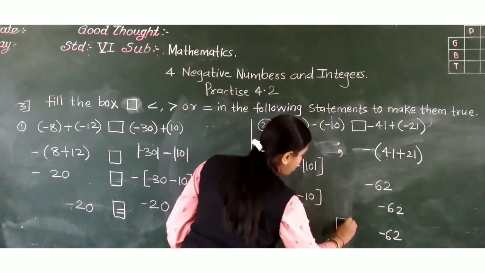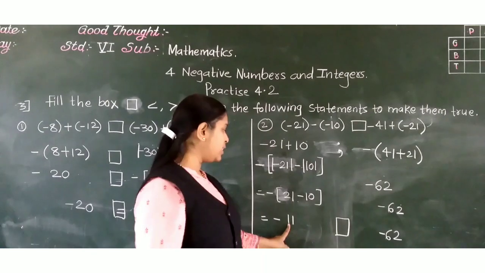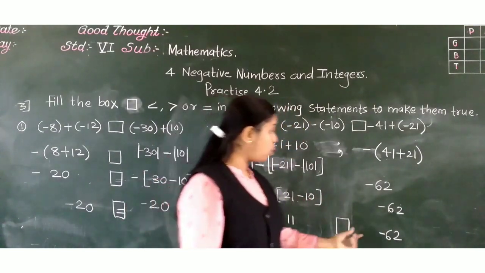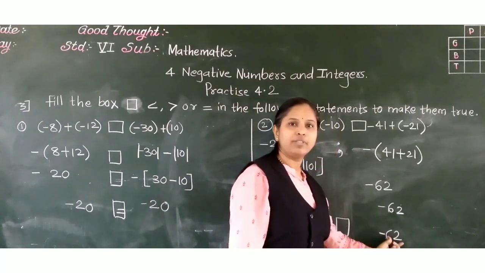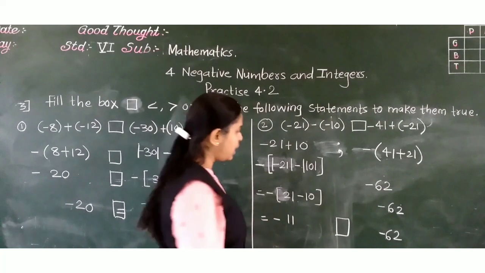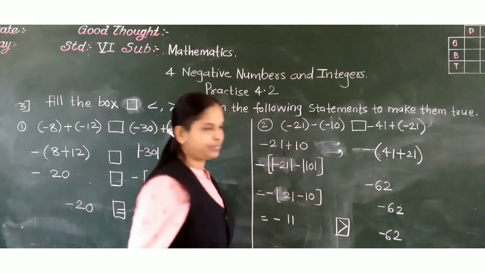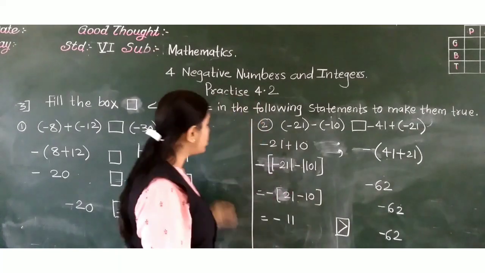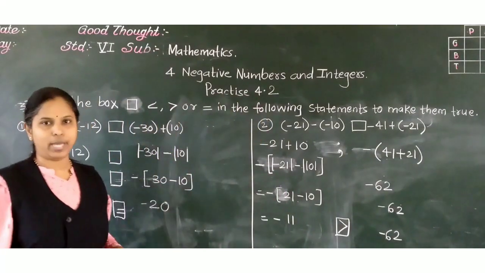Now let us compare. Is minus 11 greater or is minus 62 greater? Come on, tell me. Though this number is greater, its value is less than this. So minus 11 is greater than minus 62. In this way, we have to solve and we have to compare.